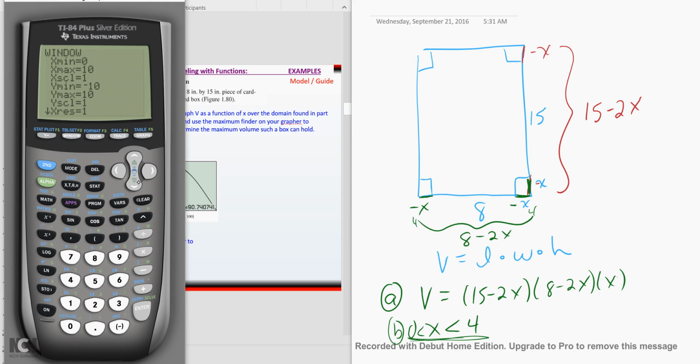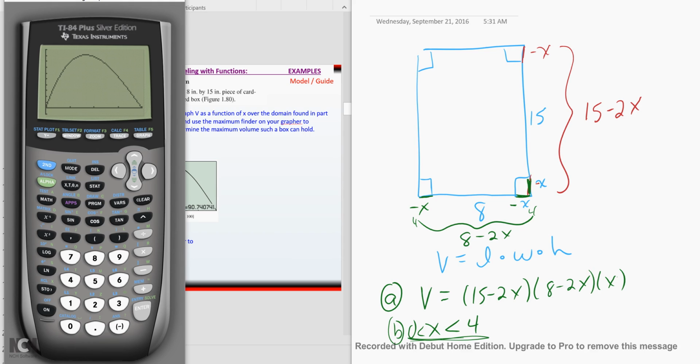So we'll go from 0 to 4 and count by ones. Now I wasn't seeing anything high enough, so let's maybe go to 100 and see if we can see anything. So if I go to graph, I can see that section of it.